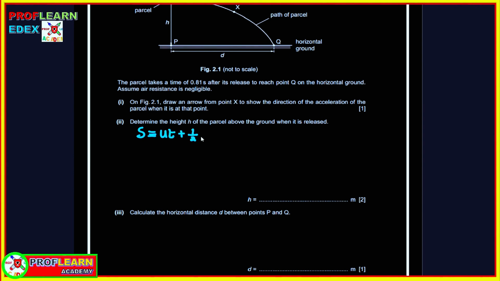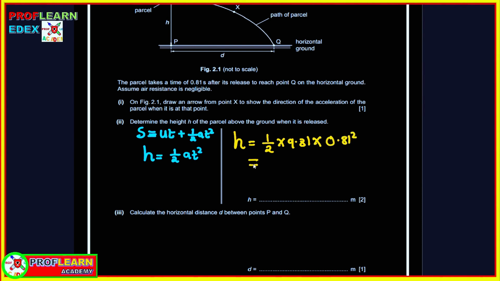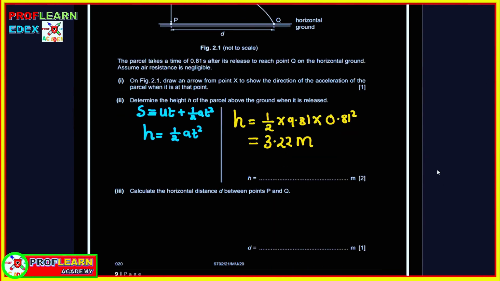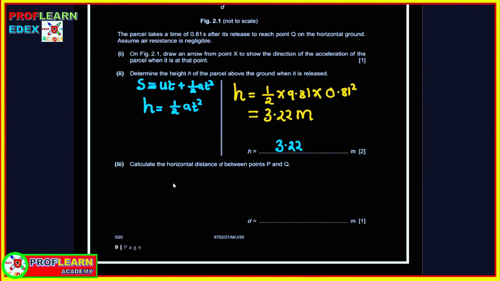In that case, our initial velocity in the vertical direction was 0, so we end up having s, which is our h, equals a half at squared. Substituting the quantities, a half times acceleration due to gravity, 9.81, times 0.81 squared, our answer becomes 3.22 meters. So the height was 3.22 meters.